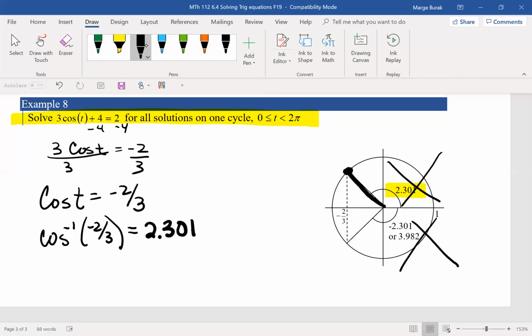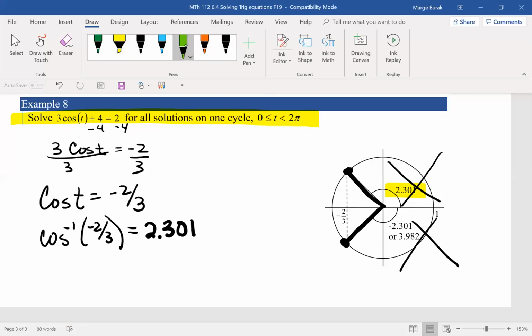Okay. We also know that the same cosine is down here. And so what we need to do is figure out what that angle is. So the textbook is showing us, well, let's just take the reflex angle and go negative 2.301, which is the negative angle of the same one. So let's go for that.